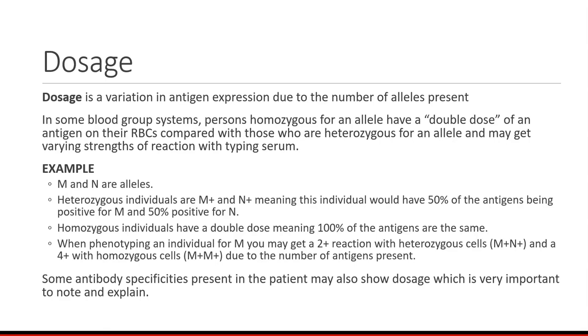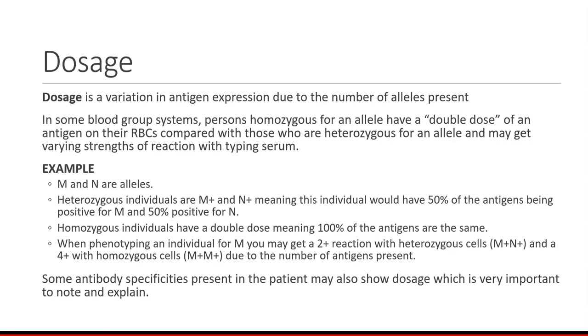So when you add a drop of typing sera, because of the decreased number of antigen sites, you're going to get a weaker reaction. When the individual is homozygous and 100% of their antigens are of that one allele, then you would expect there's more antigens for more antibodies to react with, so the reaction will get stronger.